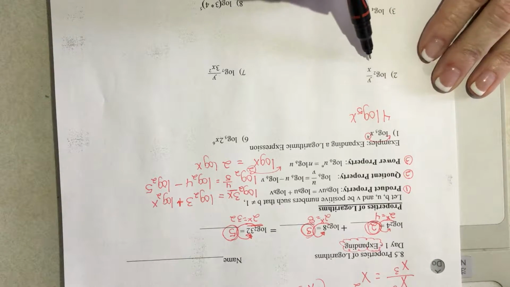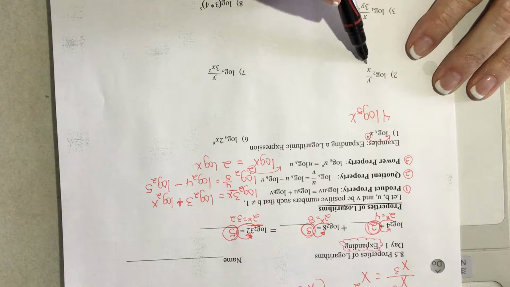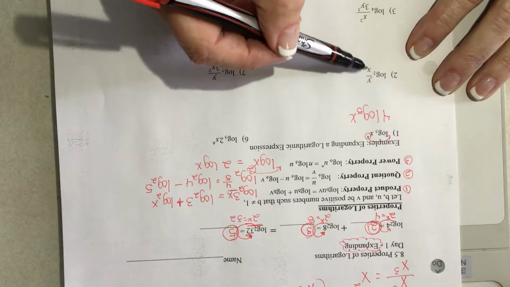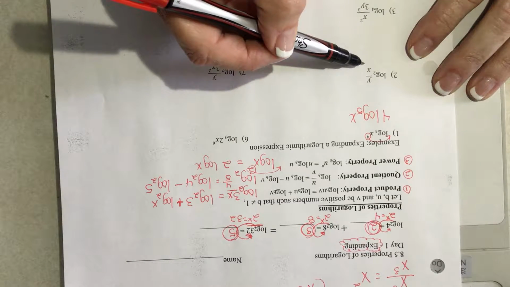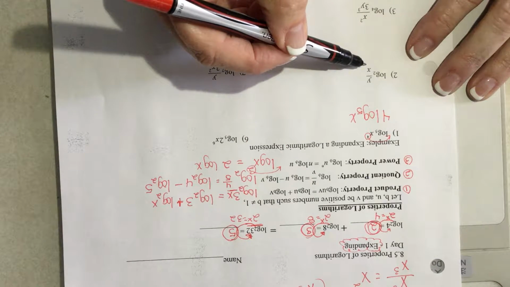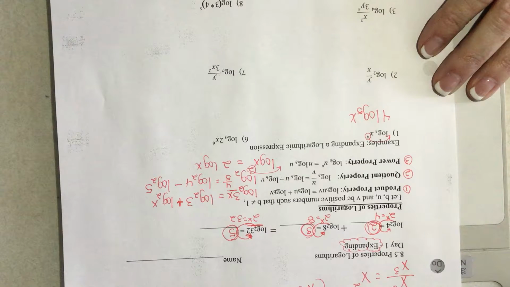Okay, look at number 2. Log base 2 of y divided by x. Division means subtraction. How many factors do I have here on number 2? 2. I have a y and I have an x. That is so important to see. I have 2 factors, therefore I'm going to have 2 different logs.